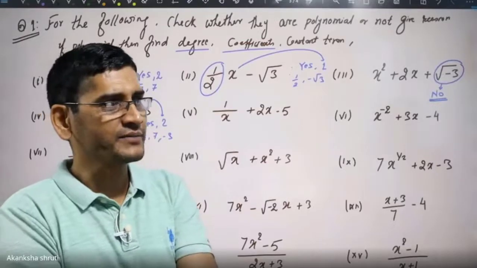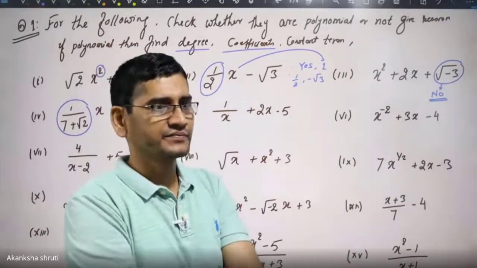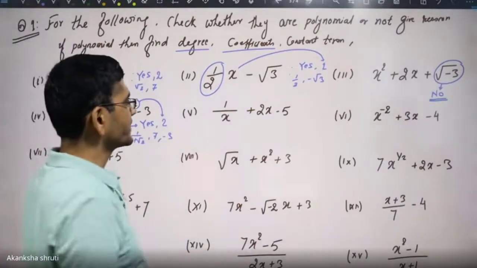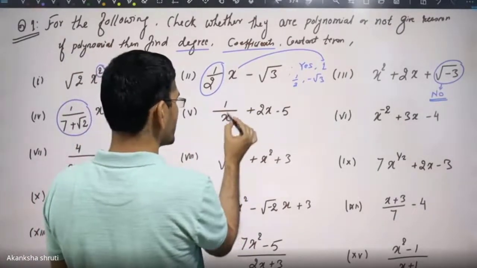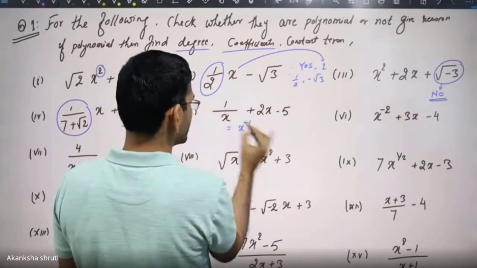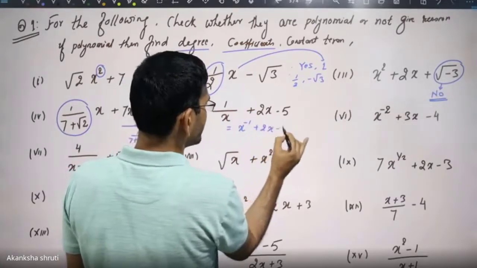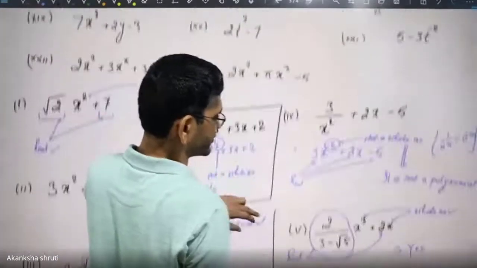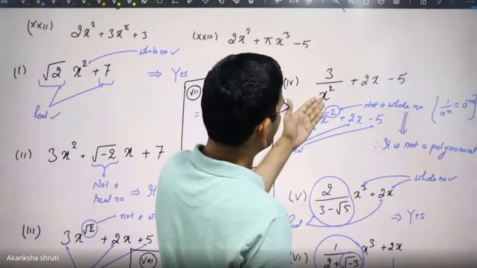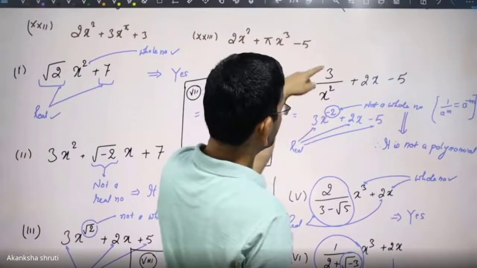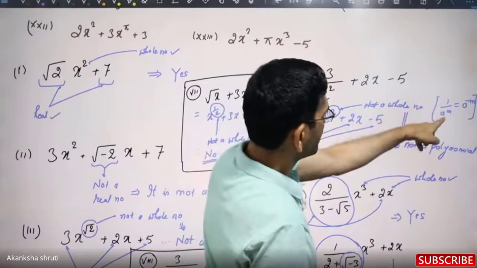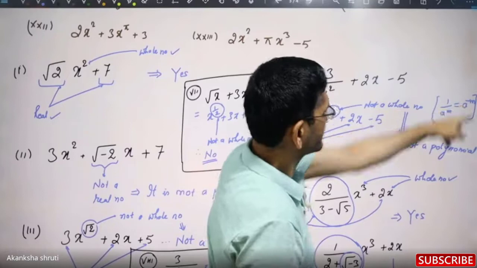Other students, do the rest of the children not find reading interesting? Either write quickly in the chat box, or else speak quickly on audio. Student, what is the cause? The cause is that it becomes x to the power -1 plus twice of x minus 5. See the explanation of this question. Student, I had explained it here. 3x to the power -2 comes from 3/x square. The rule is 1/a to the power m is the same as a to the power -m.